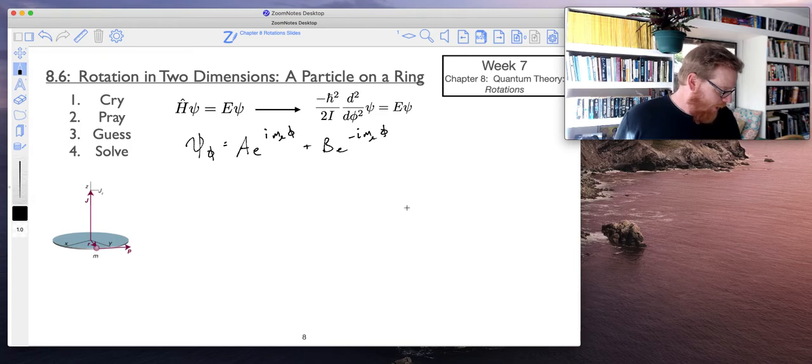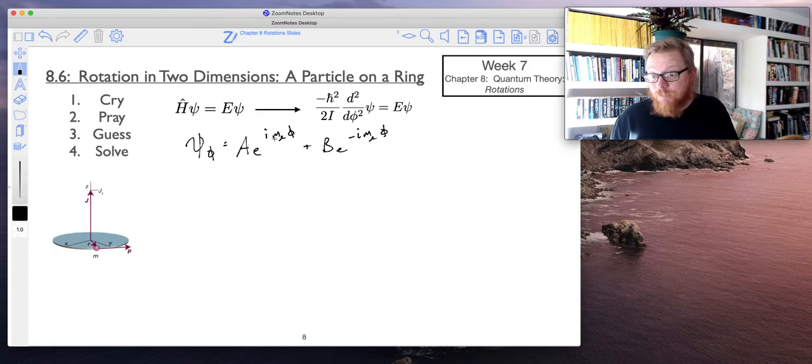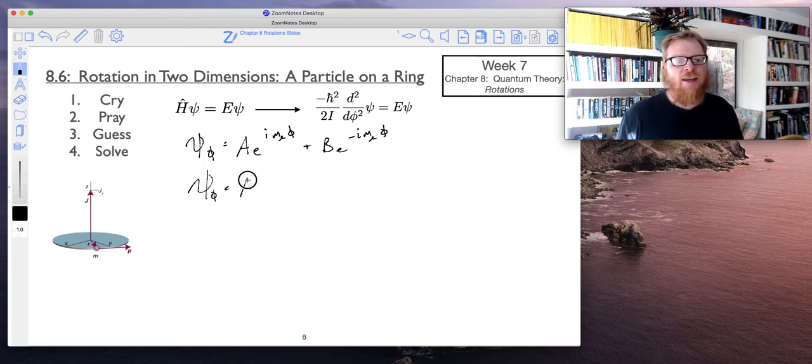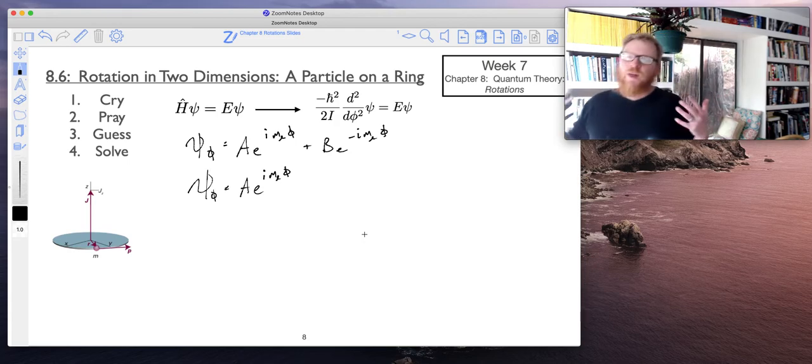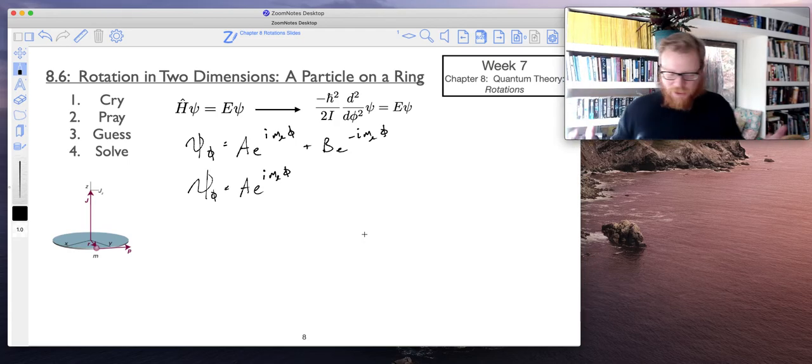And because we recognize that ml can already be plus or minus, we technically can just write this as psi equals a e to the i ml phi, again because we already know that ml can be plus or minus.